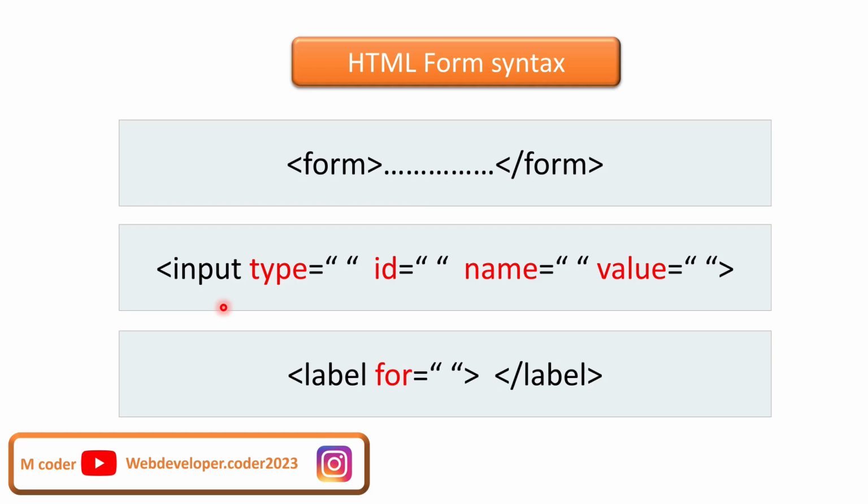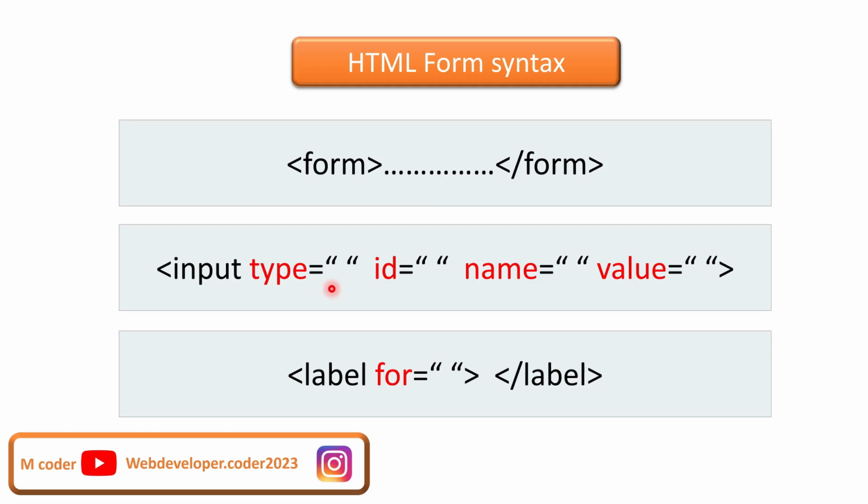Now these have different types. For example, if we are going to receive a name, the input type is text because the user has to enter text. Or if we are going to receive the user's phone number, he or she should enter numbers. Or if we are going to receive a password, then again we have to enter text, shown in a circle or a star, so if someone is near us, they will not find out our password.